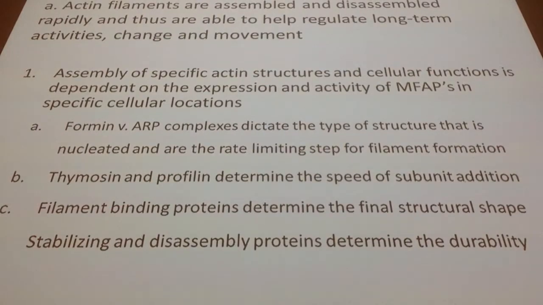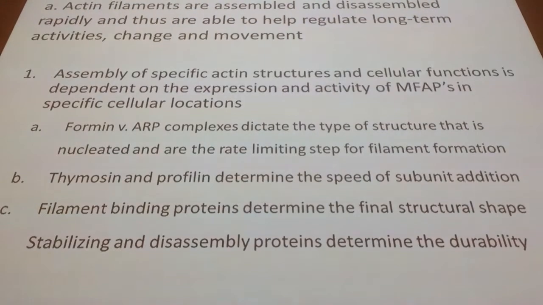Okay? So the very first thing that we have to talk about, I don't remember what the next slide is. Okay, that's fine. The very next part is if you have a cell, and the cell needs to undergo assembly of microfilament.